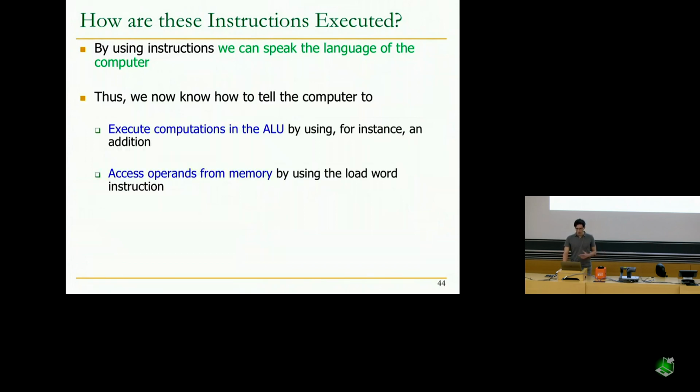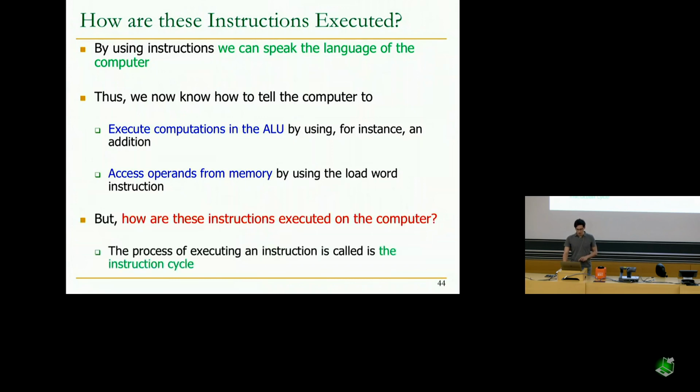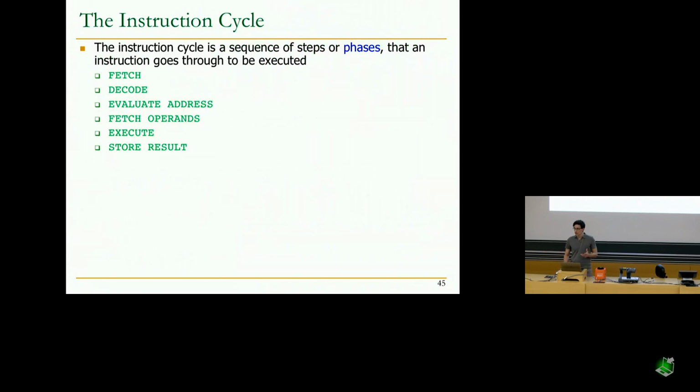Now we need to figure out how these operate instructions, or these memory data movement instructions, are executed in the computer. This is what we call the instruction cycle. I already mentioned the instruction cycle before.